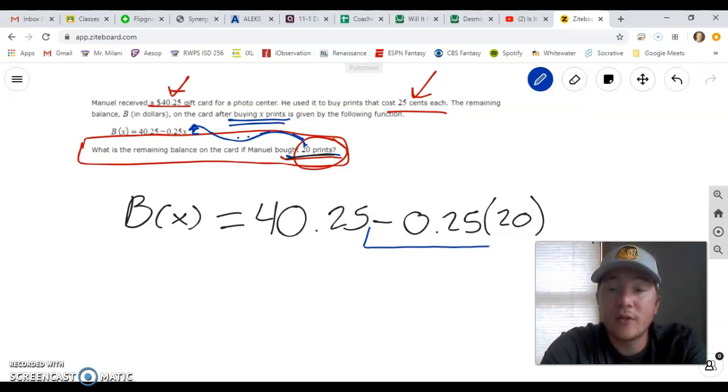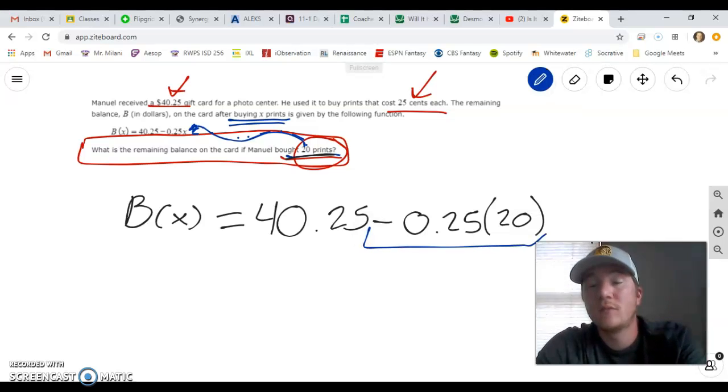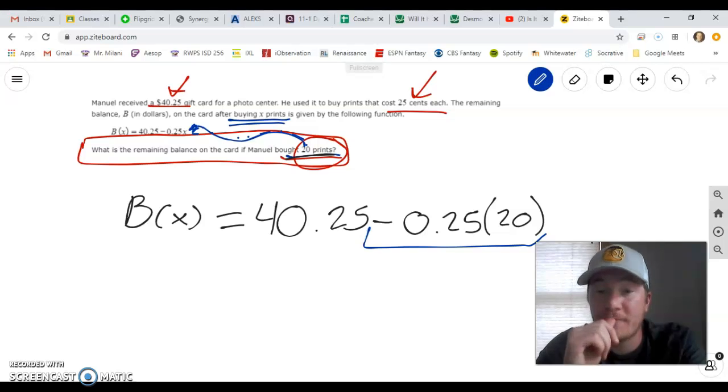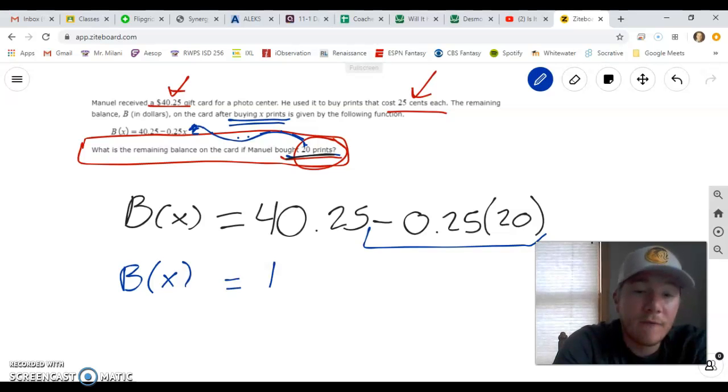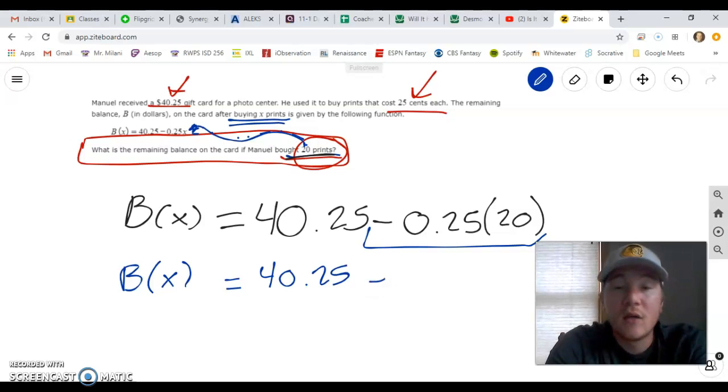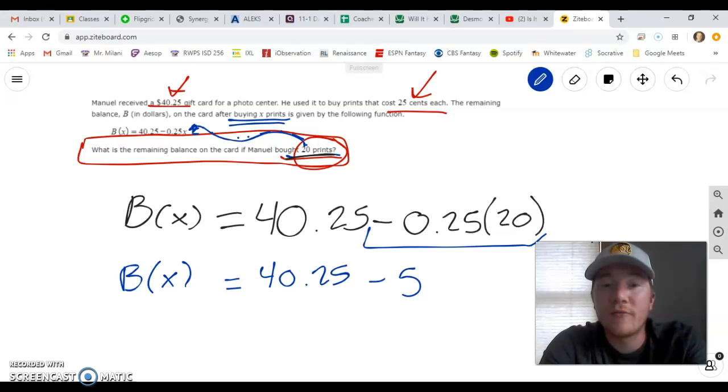So negative 0.25 times 20, or negative 25 cents, times 20 is going to be a negative 5, or negative $5. So your new equation then, after order of operations is underway, you're going to have $40.25 minus 5. So all 20 prints cost a total of $5.